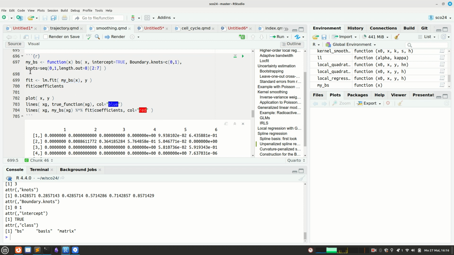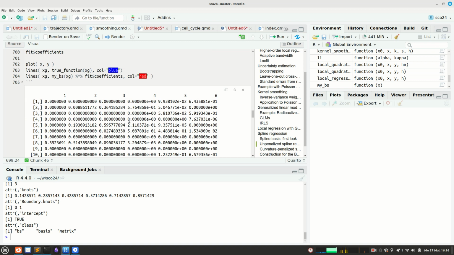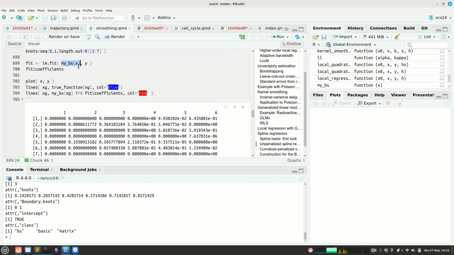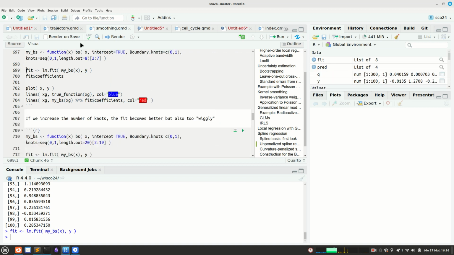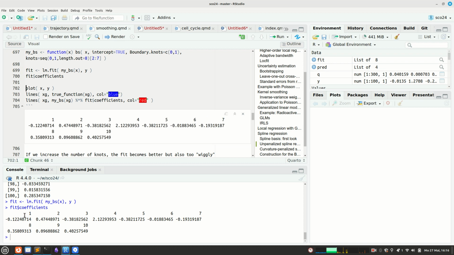This is why I can just call the linear model fit function and say: solve this linear model problem where this block of x values multiplied with a vector of 6 coefficients should get as close as possible to these y values, in the sense of minimizing the square of the differences. If I do this, I get these coefficients, and if I sum up the basis functions according to these coefficients, I get this.